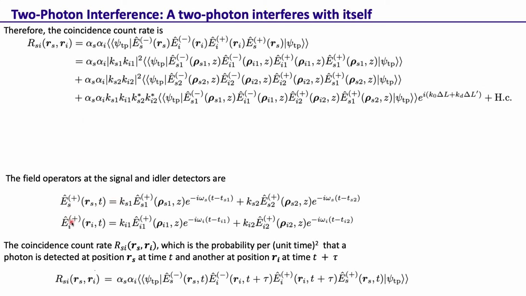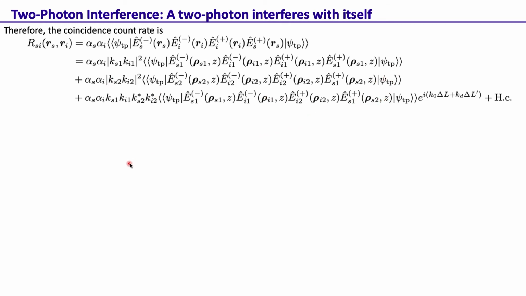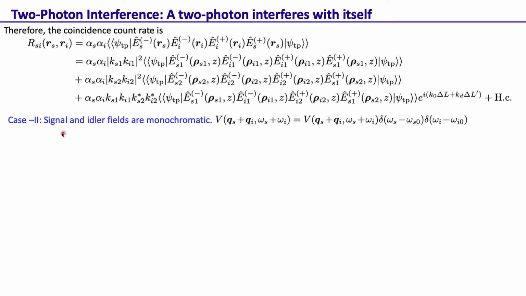Now, if we use this form of the electric field, then the coincidence count rate expression can be written like this, where we have just these four terms, and other terms will actually not show up. Now, for the two photon state, we consider signal fields to be monochromatic, and as we had done a few slides ago, the pump field in this case takes this form, and the two photon state has this form.